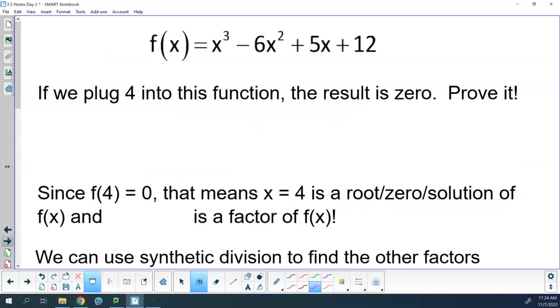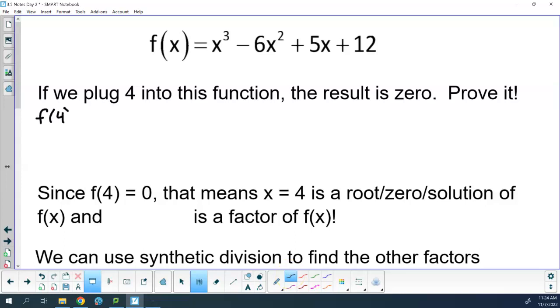If that's my function, f of x equals x cubed minus 6x squared plus 5x plus 12, that's my function. If we plug 4 into that function, we get out 0. Prove it.